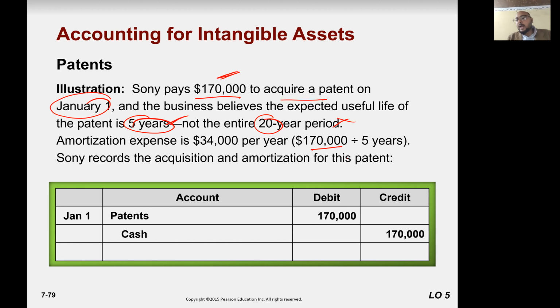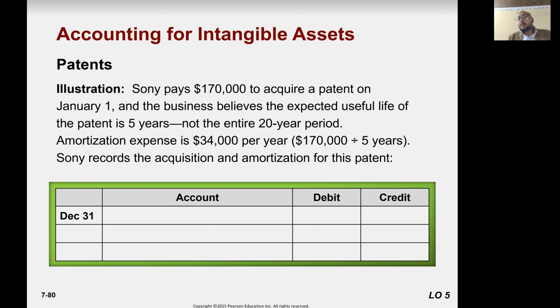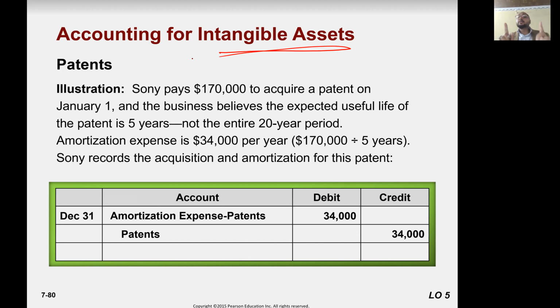Patents to cash when we acquire it, and amortization to patents. There is no accumulated amortization expense. There is no contra account for intangible assets. Contra account is only for physical assets. All right. So just expense increases, asset decreases. That's it.